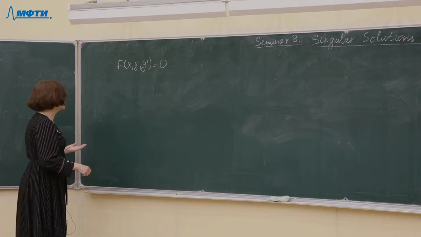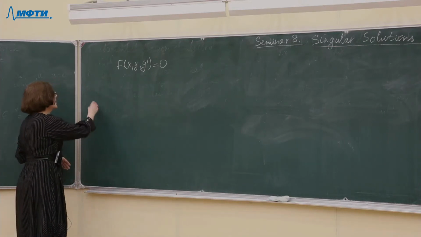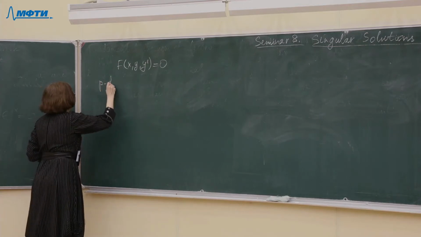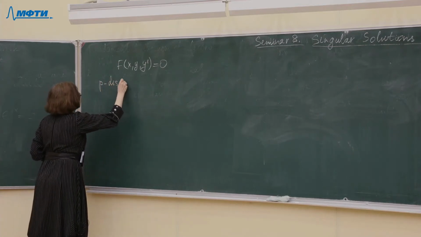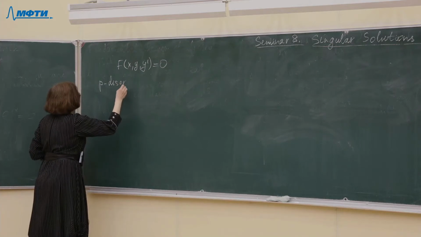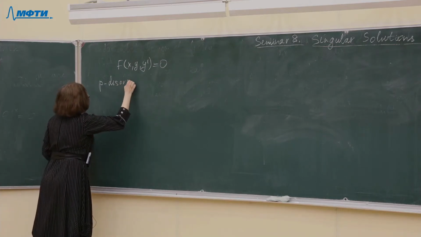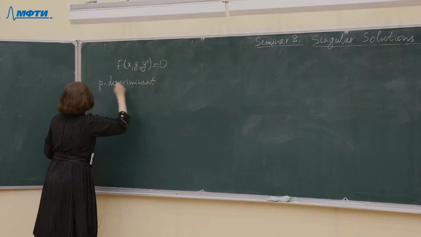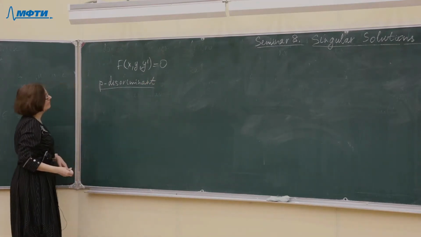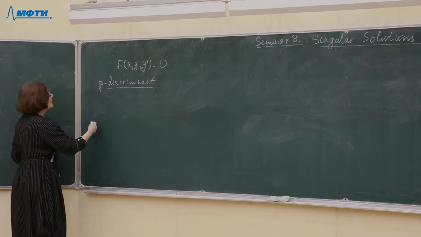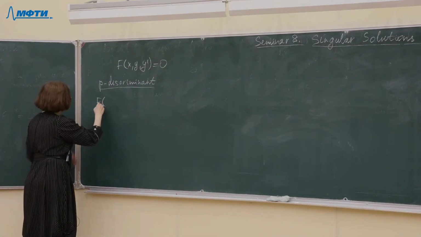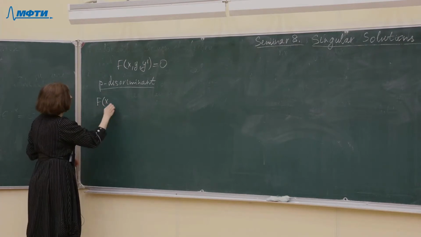Okay, so there are two ways to do this, and the first way is called the method of p-discriminant. This means that we need to solve the following equations.